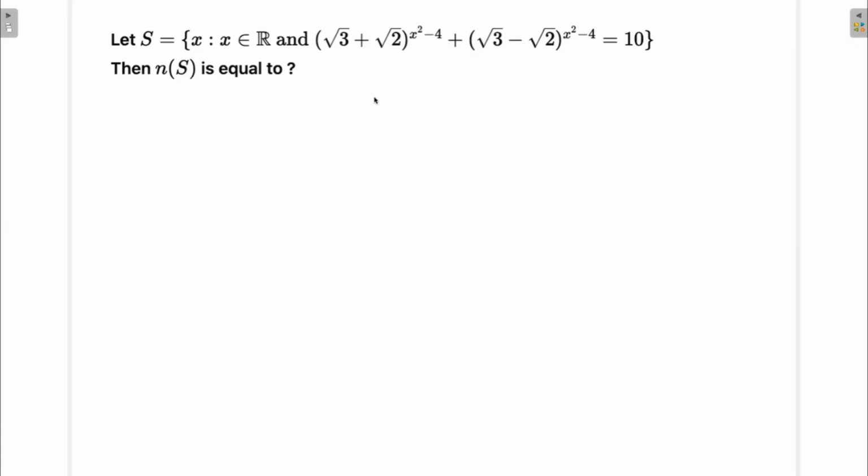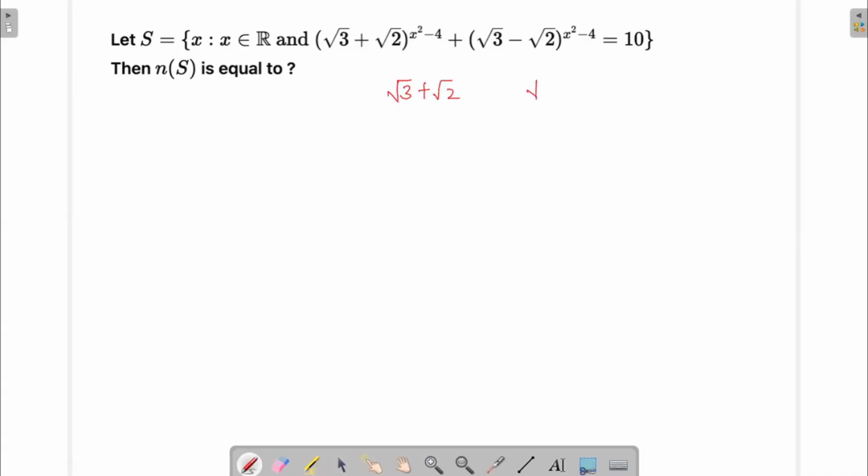So if you look at root 3 plus root 2, for example, or root 3 minus root 2, any of these, and then let's say I multiply this with its conjugate, which is root 3 plus root 2, in the numerator and the denominator.